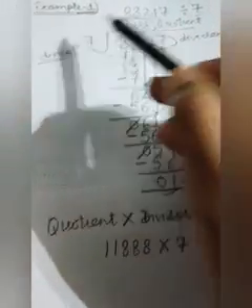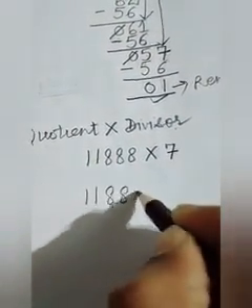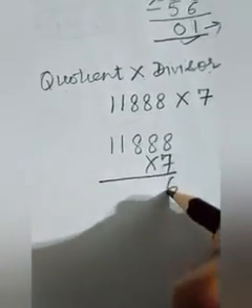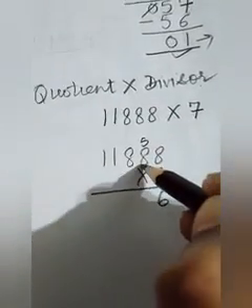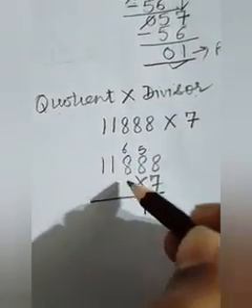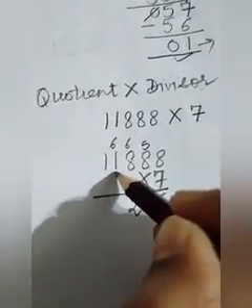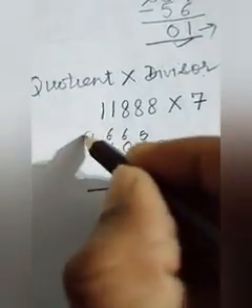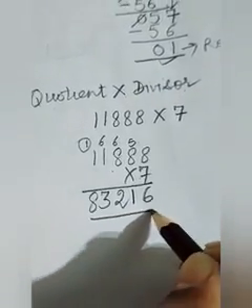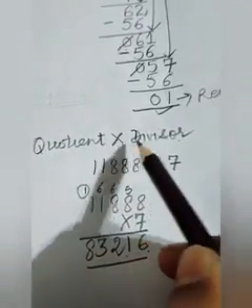Let's see what we get after multiplication. 7 8s are 56, 5 carried. 7 8s are 56 and 5, 61. 6 carried. 7 8s are 56 and 6, 62. 6 carried. 7 1s are 7 and 6, 13. Again 1 carried, and 7 1s are 7 and 1, 8. We got 83,216.